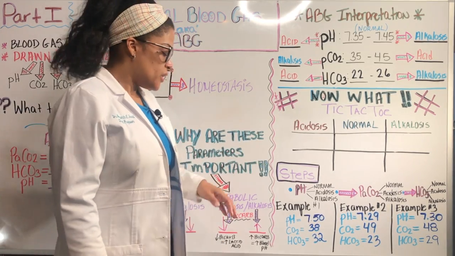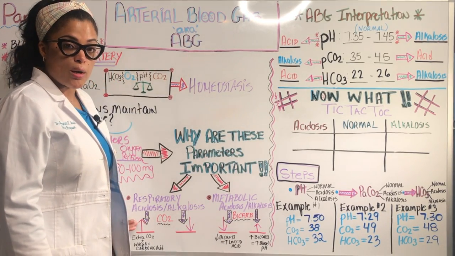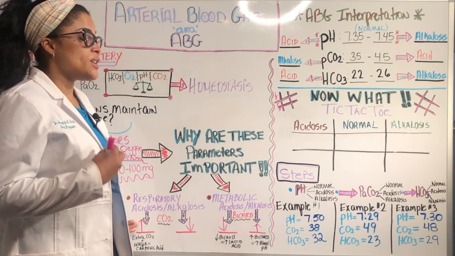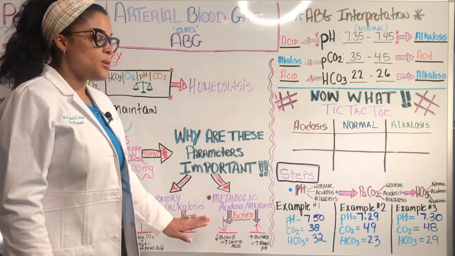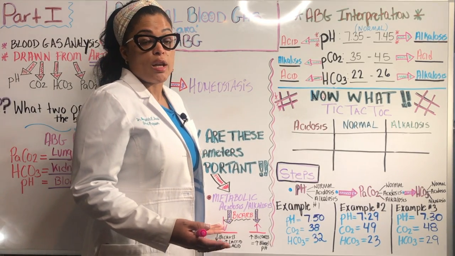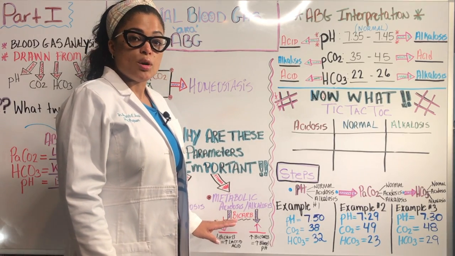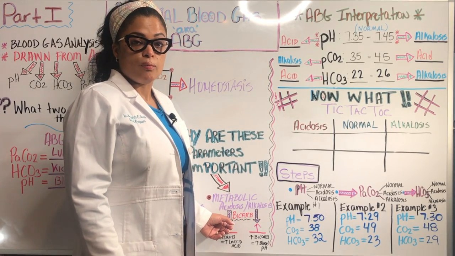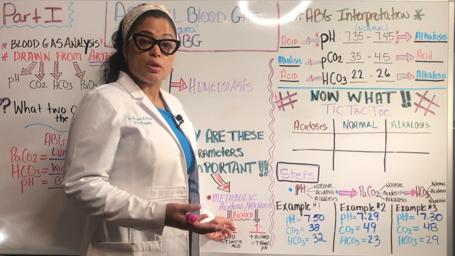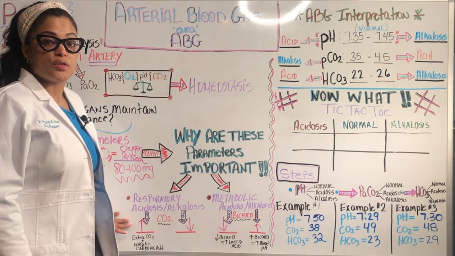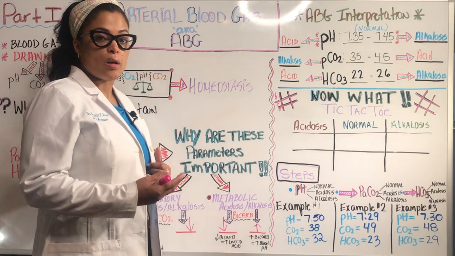For example, if you have a respiratory problem that is not being treated or is not getting better, the metabolic bicarb, or HCO3, is going to try to help. The same goes when there's a metabolic problem that is not being treated or not getting better: the respiratory parameter of CO2 is going to try to help.